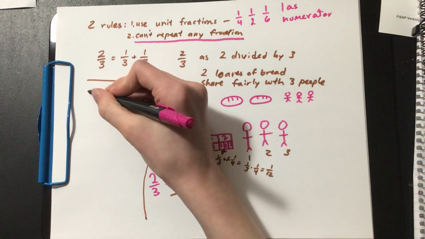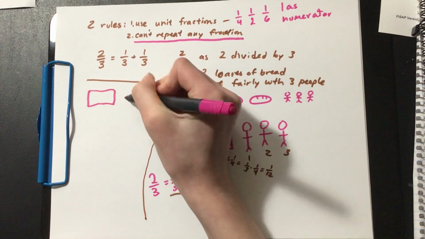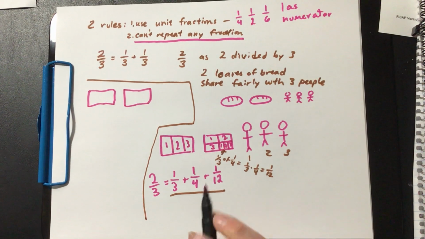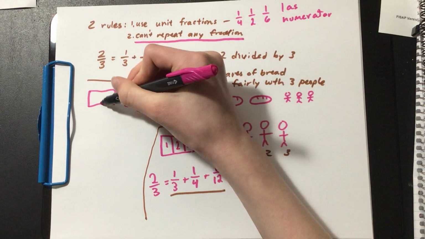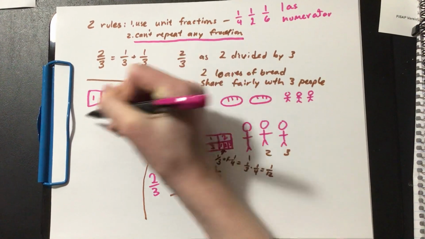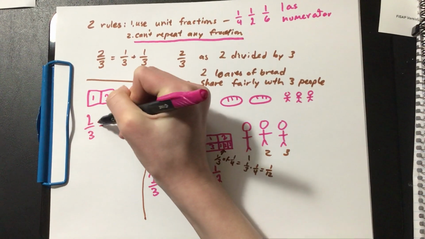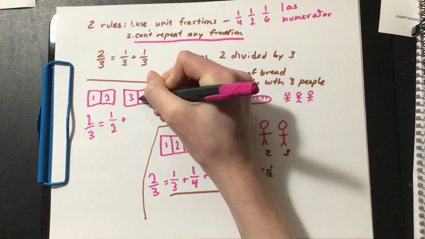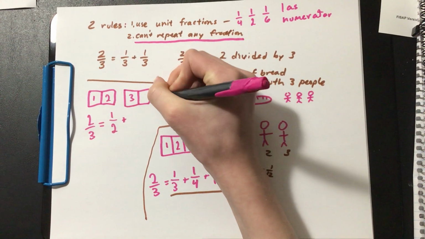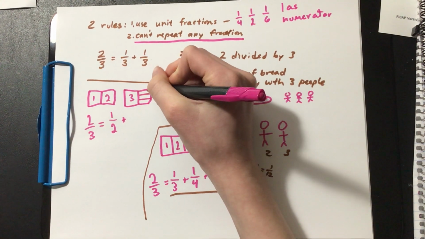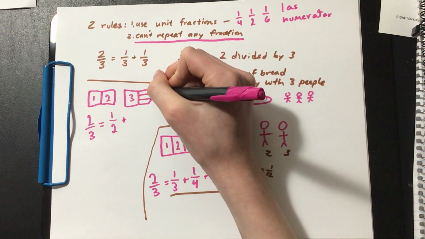Okay, I guess this time we're not going to draw 1, 2, and 3. Okay. So we got the 2 loaves of bread. We can split it into half. 2, 3. So there's enough for everybody to have half of a loaf. 2/3 equals 1/2 plus. Now, like you said earlier, we can think of this as 1/3 of 1/2.